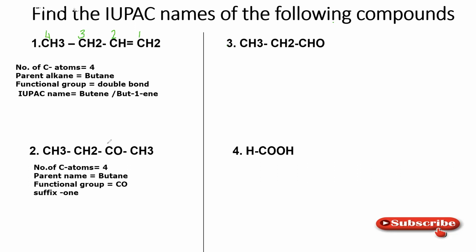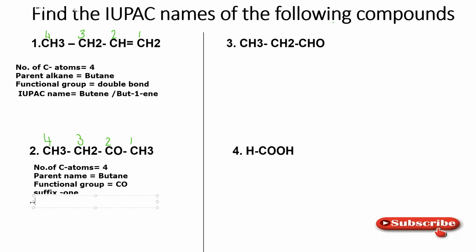Now let us check from right to left, 1, 2. So it will get the least number if we start from right to left. So the second carbon contains the functional group, and we have to mention it in the IUPAC name.